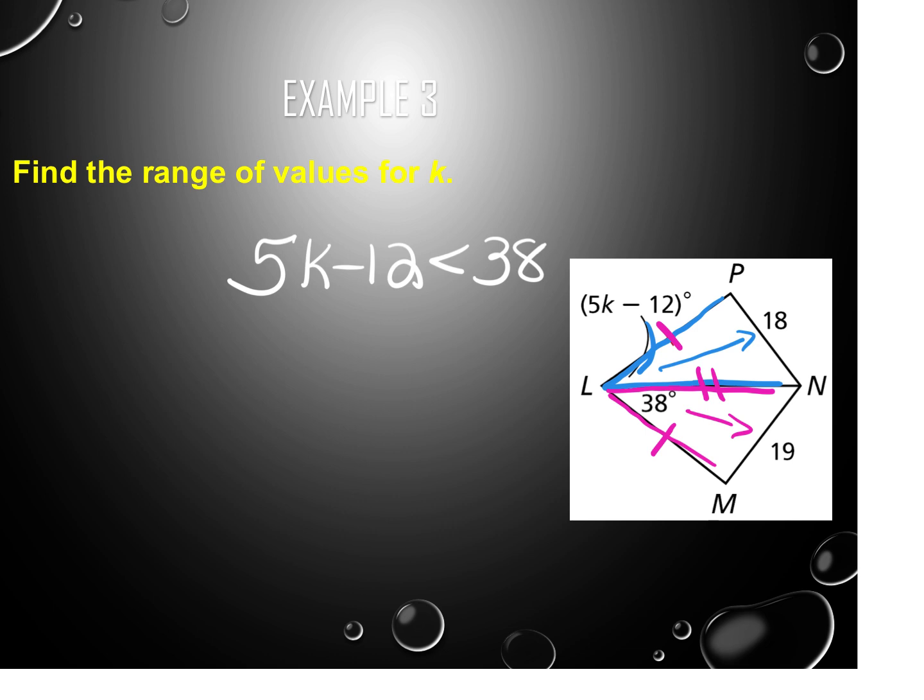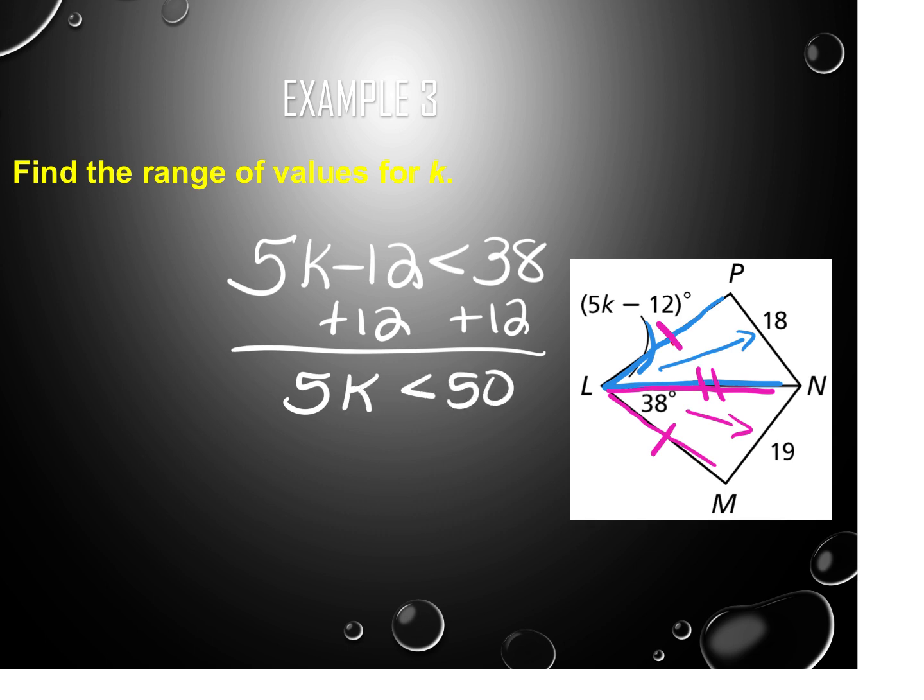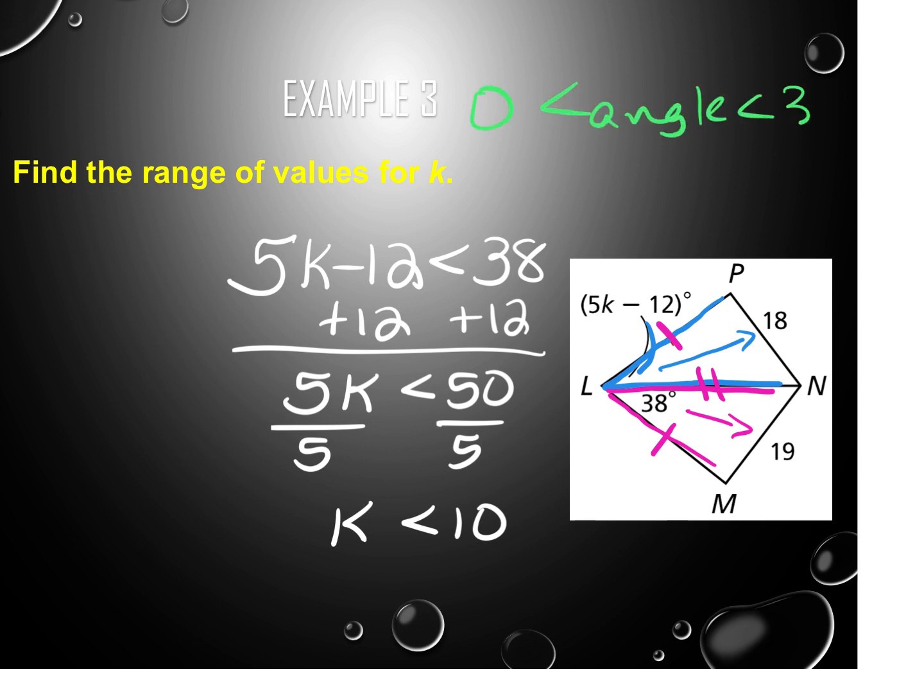I'm going to solve for K, add 12, 5K less than 50, divide by 5, and K has to be less than 10. Now, because I'm looking for an angle measure that's in between 0 and 38 degrees, I also have to take care of the low end of it.